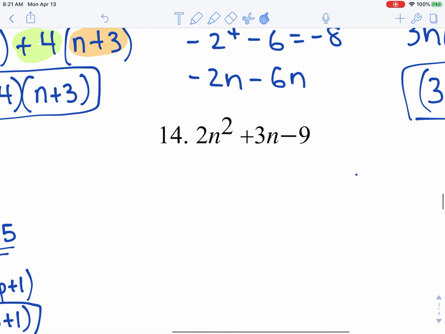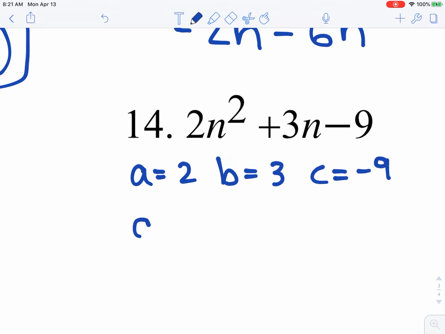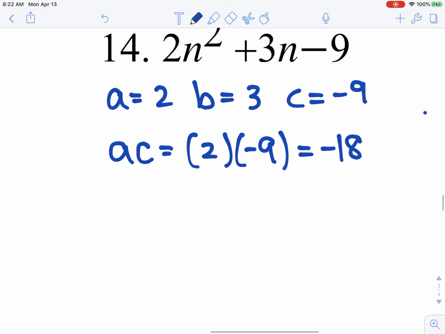Okay, and the last one. So plus minus, so I need one of each sign.